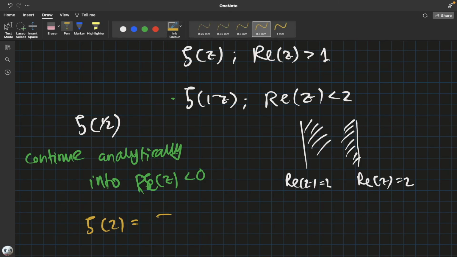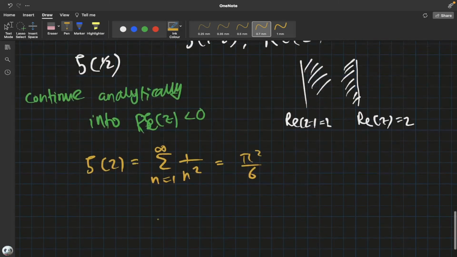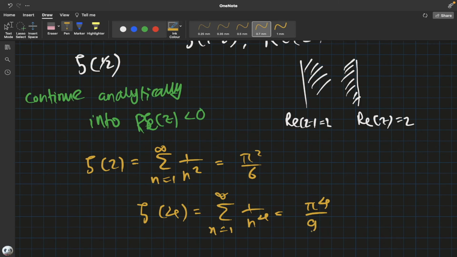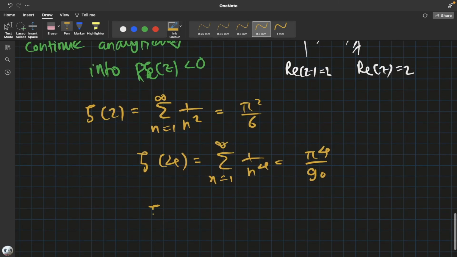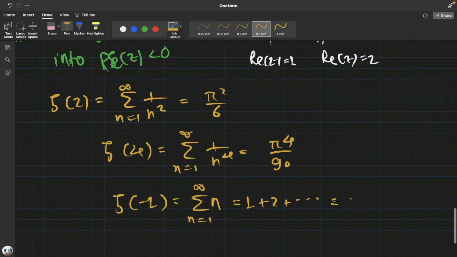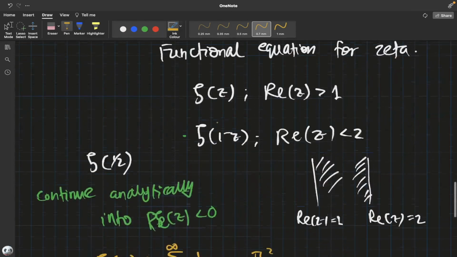We know some standard values of the Riemann zeta function. The sum of 1 over n squared is pi squared over 6. This is also proved by Fourier series. Zeta of 4 is pi to the 4 over 90. Now this sum from n equals 1 to infinity of n, which is 1 plus 2 plus so on, the sum of all positive integers, is minus 1/12. You get that from this formula, literally this formula.